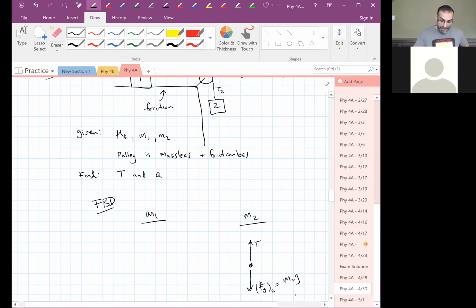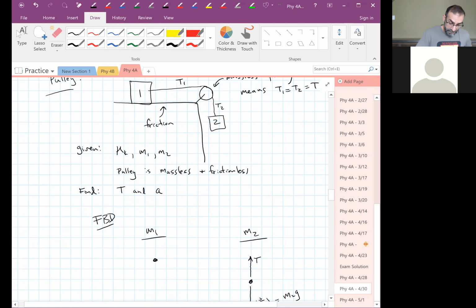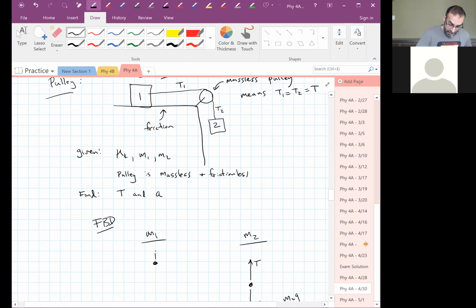Okay, let's do 1 now. What's touching it? The surface. That interacts two ways, through a normal force and through a friction force. What direction is the friction force?